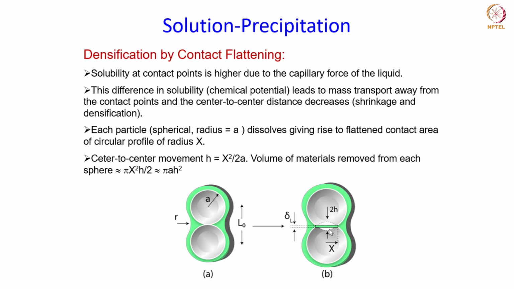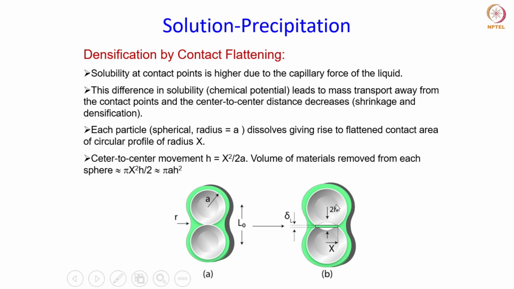And since the solubility at the contact point is higher compared to that in any other portion of the particle, there is a chemical potential difference, and due to that the mass is transported away from the contact points, and as a result of that the contact points become flattened and the center of the particles approach each other along the line which joins the centers of the two particles, like what you can see over here. So this center to center approach as a result of the dissolution of the contact points leads to a flattened contact area between the particles, right?